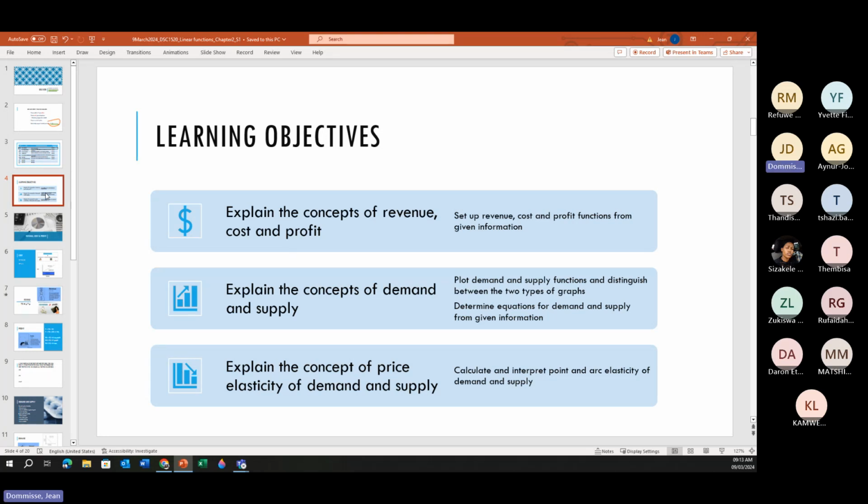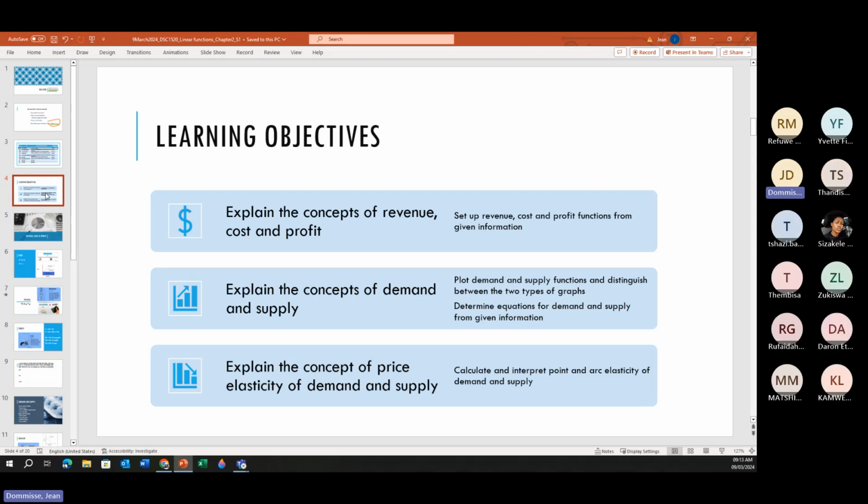So in multiple choice, they're not going to ask you to explain something, but they might ask you which of the following is a definition of revenue, or they can tell you, revenue is this, cost is this, profit is this, which one is correct and incorrect.